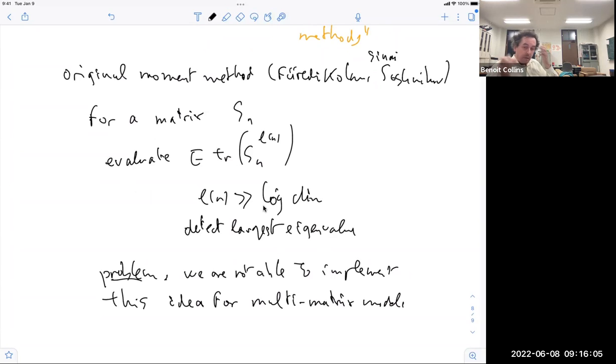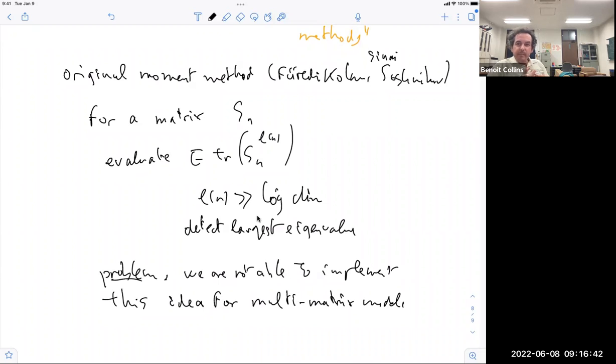So basically, we don't understand the combinatorics. See, if you just fix L, then you understand what happens from the point of view of free probability. But if L goes to infinity, even though it does not go too fast, when you expand this it grows exponentially, so at the end of the day, you end up having too many terms to evaluate.